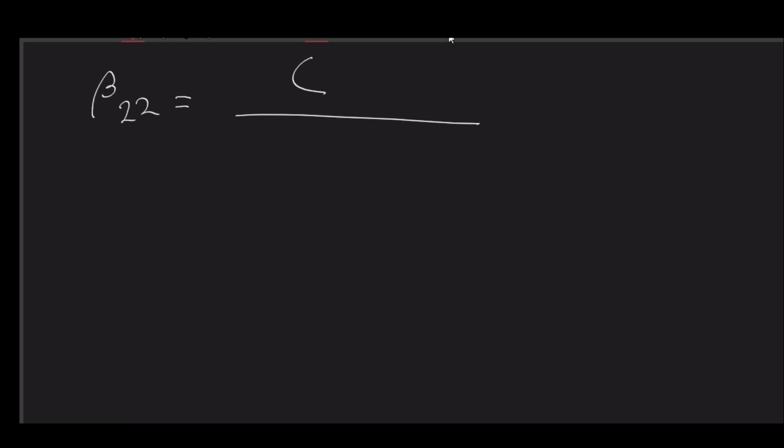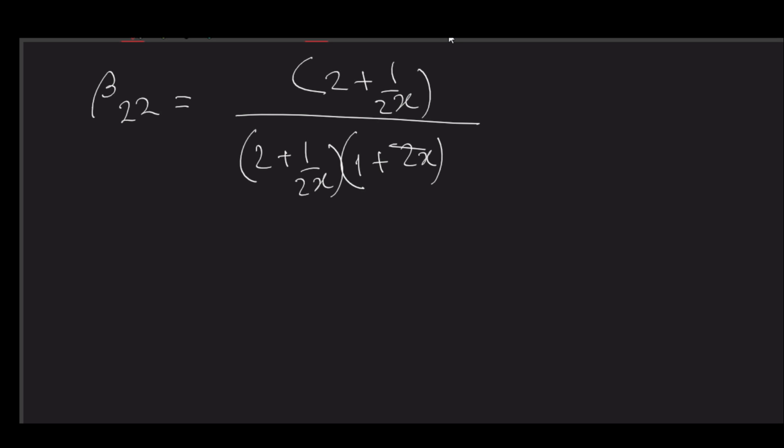L11 is 2 plus 1 by 2x, and then it is divided by 2 plus 1 by 2x into 1 by 1 plus 2x minus 1 by 2x whole square. So you can understand what you will be getting.